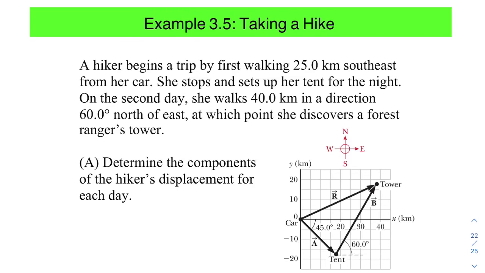Okay, so it is displayed in terms of this. This is the first trip, this is the second trip. The final point is the forest ranger's tower. So instead of taking A to B, we can have another option, which is R. So first one, determine the components of hiker's displacement for each day.